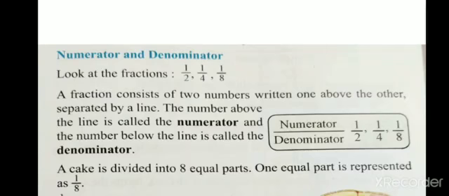In between there is a line. The number which is above the line is called the numerator, and the number which is below the line is called the denominator.